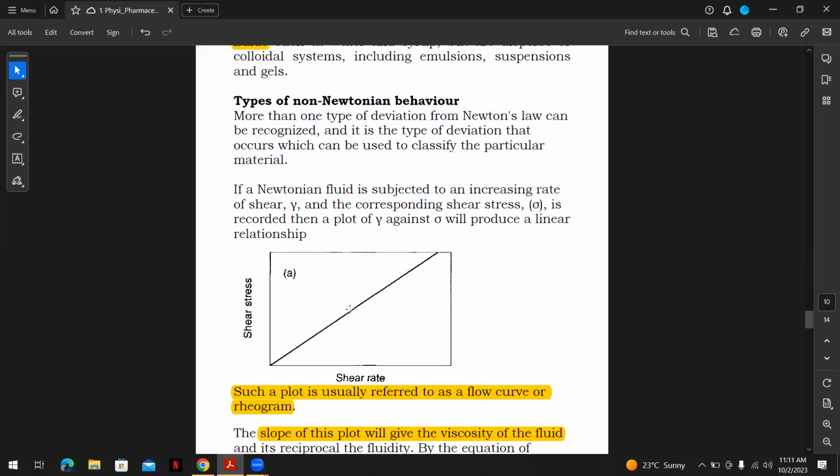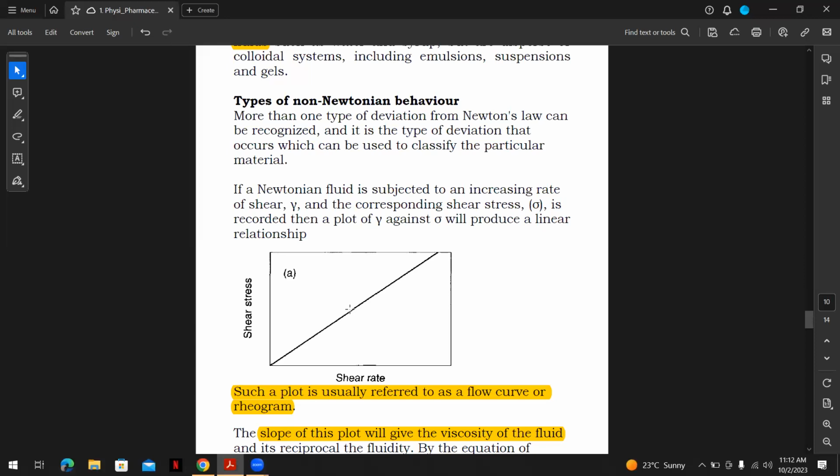Or when you cook ugali, the more force you apply mixing the flour, that's the shear. So with a Newtonian fluid, with an increasing rate of shear, the corresponding shear stress is recorded. When you increase the shear stress, the shear rate increases, so there's a linear relationship between the shear stress and the shear rate.